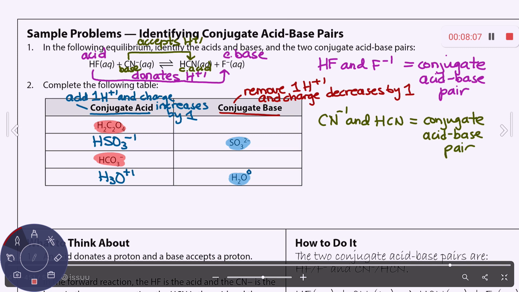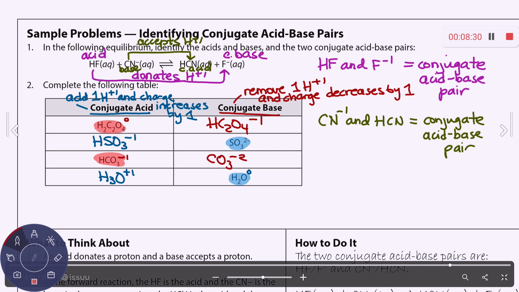If I remove a hydrogen from this one, what does it become? Yeah, charge goes down 1. The charge here is neutral, so it goes down to negative 1. And then what do I get when I remove this hydrogen? CO3 negative 2. Yeah, this goes from a negative 1 to a negative 2.